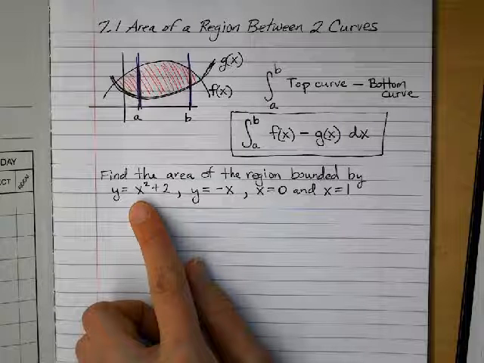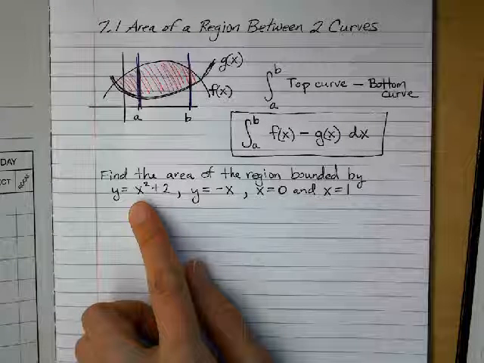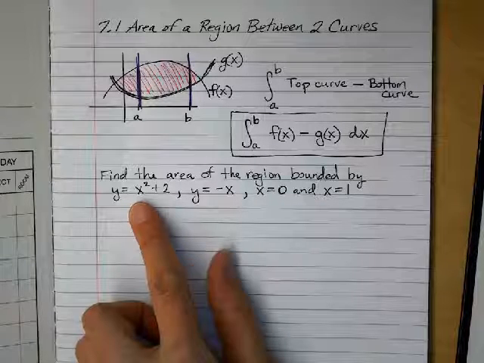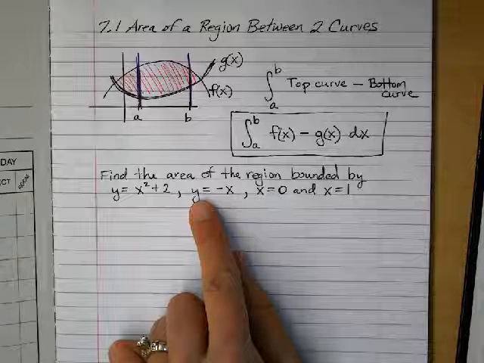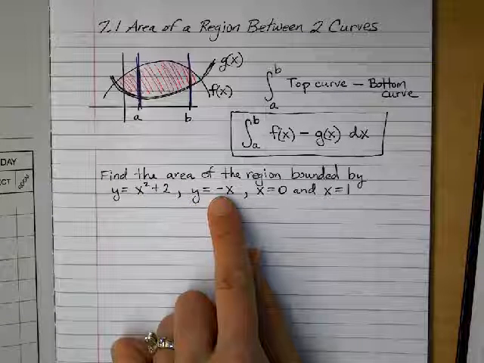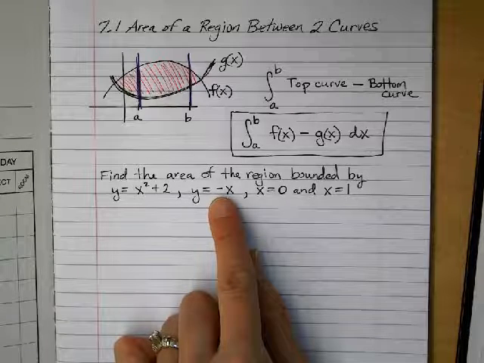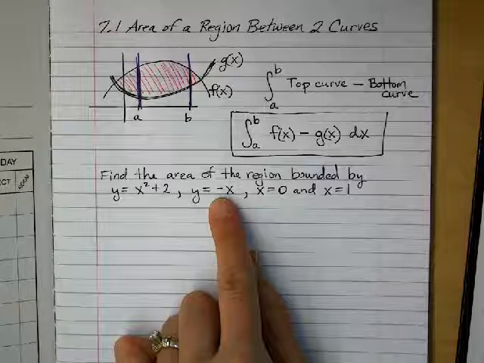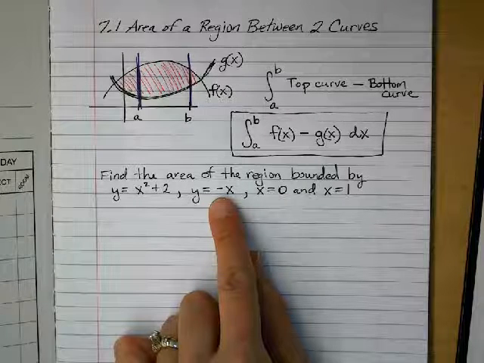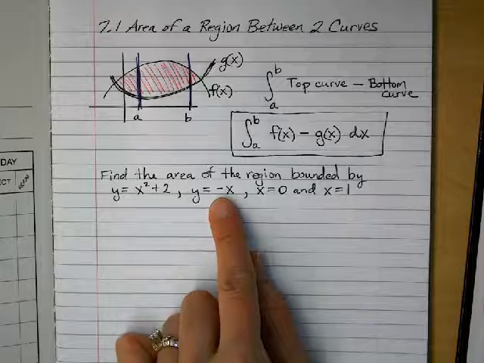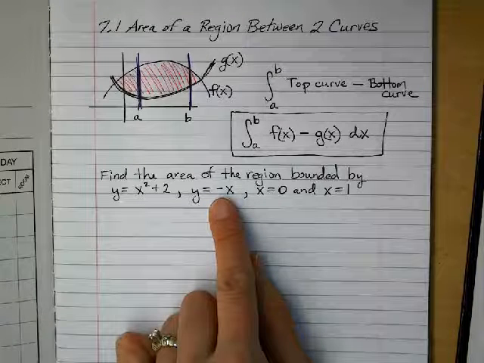See, there's that graph, y equals x squared plus 2. And then they gave me another equation, y equals negative x. Did I type that wrong or right? Oh yeah, okay. And then they gave me x equals 0.